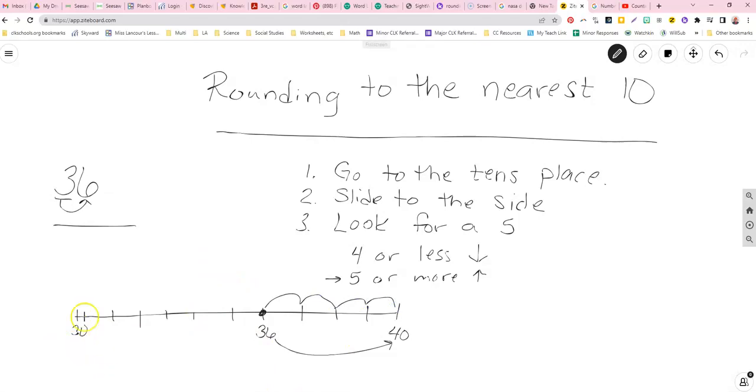Whereas if I was going backwards to the 30s group of 10, it would take 1, 2, 3, 4, 5, 6 jumps to get to this group of 10, 30. And it only takes 4 jumps to get to 40. So it is closer to 40. 36 rounds to 40 when we're rounding by tens.